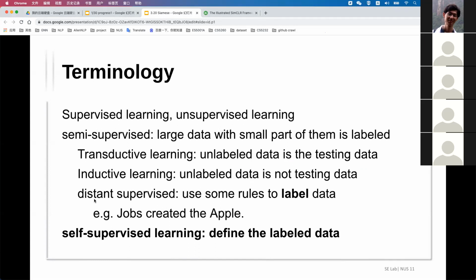Another kind of semi-supervised learning is distant supervised learning. It is very popular in natural language processing. I'm adding it here because maybe you are not familiar with it. For example, if you have a fact, this is the labeled data: Jobs created Apple. Now you want to train the relation 'created'. Then you regard all sentences with Jobs and Apple as labeled data.